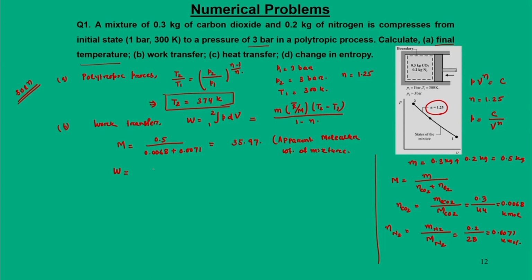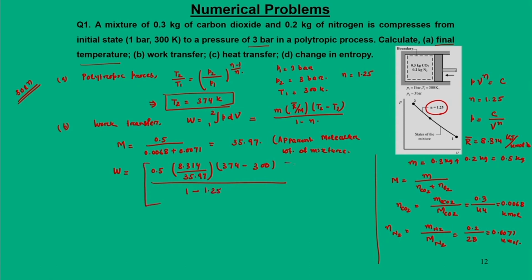Work transfer would be 0.5 times R. R bar is 8314, or you can say 8.314 kilojoule per kilomole Kelvin, and 8.314 divided by 35.97 into T2 minus T1, 374 minus 300, the entire thing divided by 1 minus 1.25.